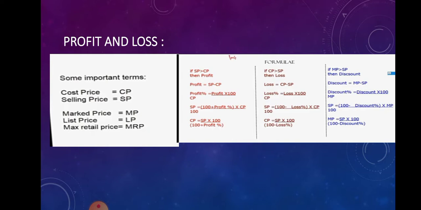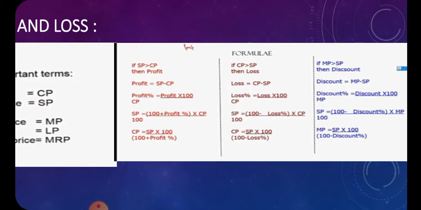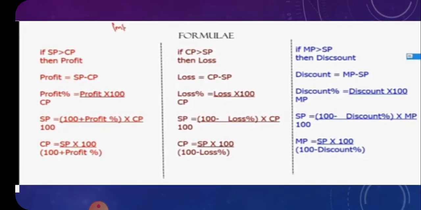If selling price and loss are given, we find the cost price also. Similarly, marketing price: if the marketing price is greater than the price at which we sell, we can give a discount. So discount is marketing price minus selling price. Similarly, discount percent: discount by marketing price multiplied by 100, we get discount percent. Similarly, we find the selling price if marketing price and discount are given.